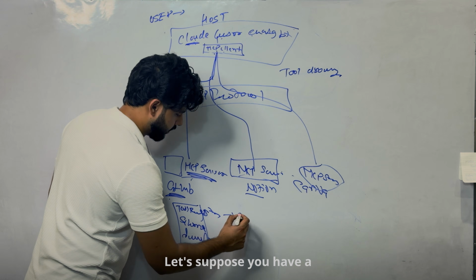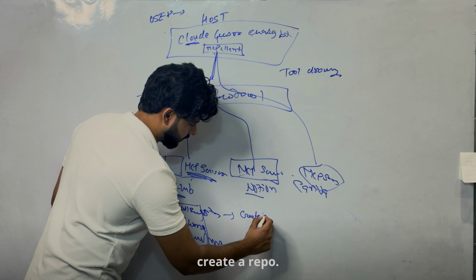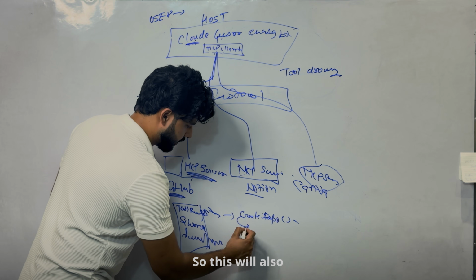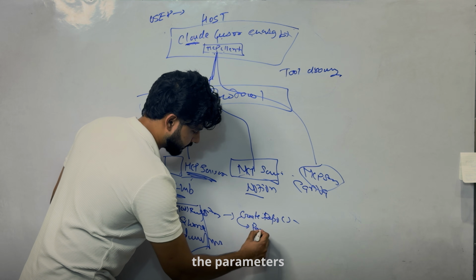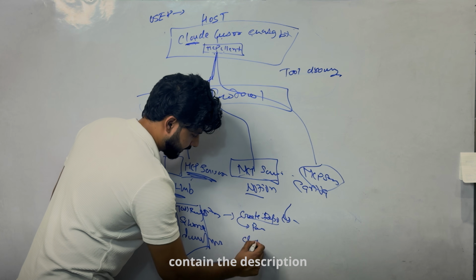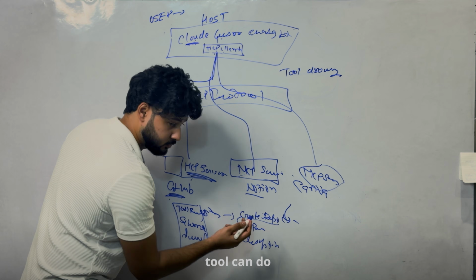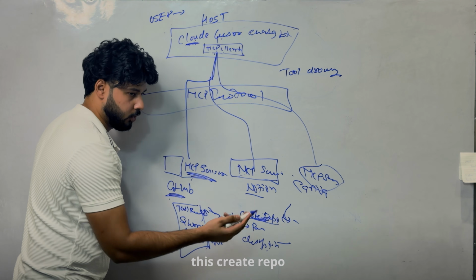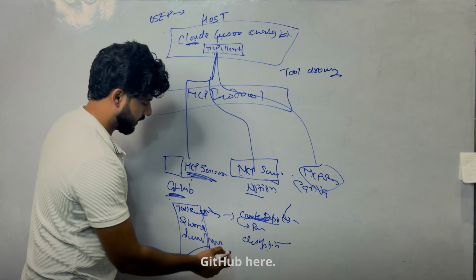Let's suppose you have a create repo tool. It will also contain the parameters, which parameters it will take. Then it will contain the description of what this tool can do. In the description you have to write that this create repo can push code to GitHub.